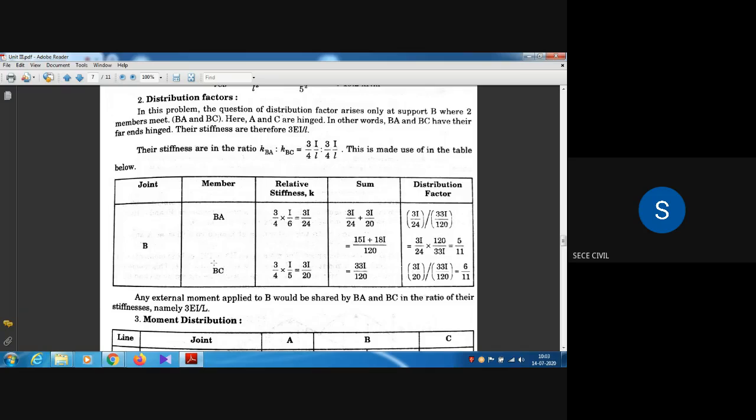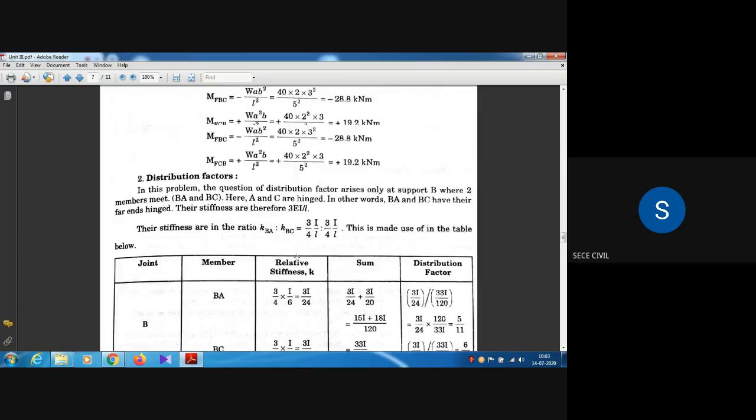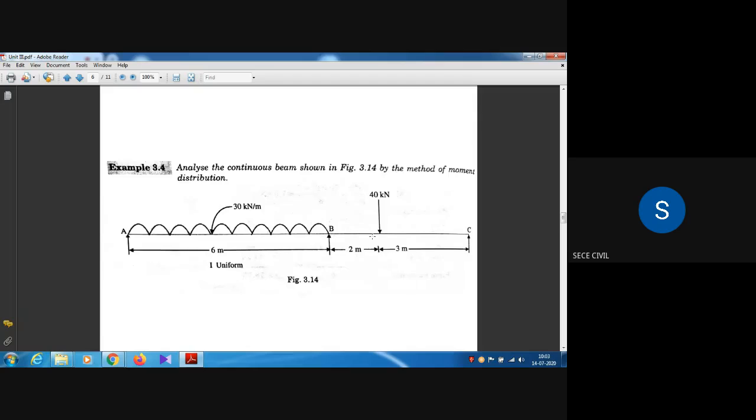Next, we will see member BC. In joint B, we have two members, BA and BC. First we calculated the stiffness for member BA. Next, we are calculating the stiffness for member BC. Here the far end is C. Similarly, here also the far end is injet, since it only has an arrow mark, so it may be injet or roller.